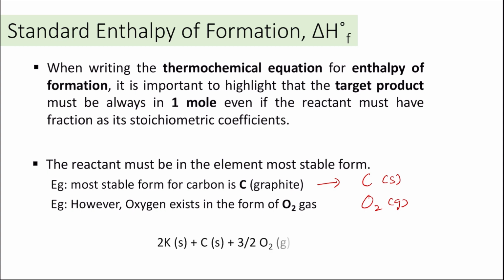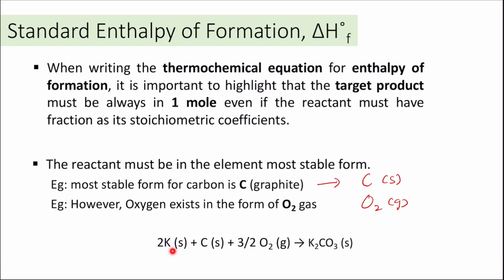Let's say contoh saya nak hasilkan K2CO3 solid. So, K2CO3 ni mesti always 1 mole. And then, apa yang terhasil? Kita keluarkan atom yang terhasil daripada K2CO3. Kita ada potassium, carbon and oxygen.